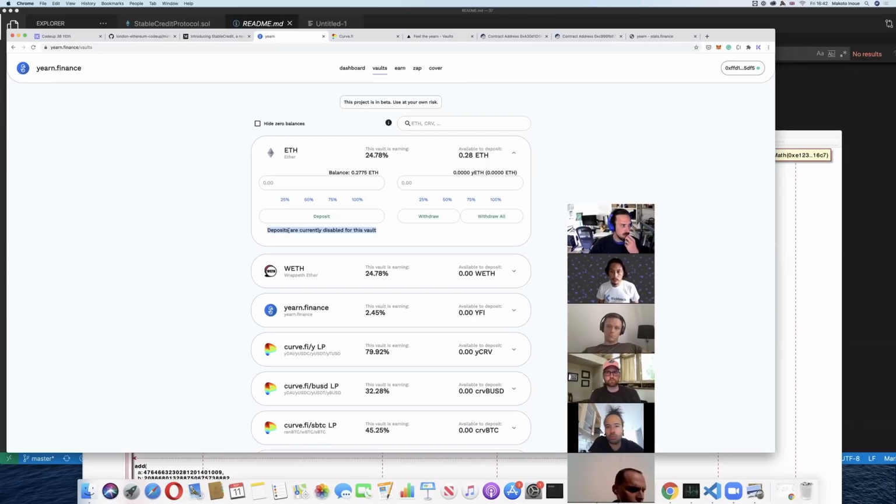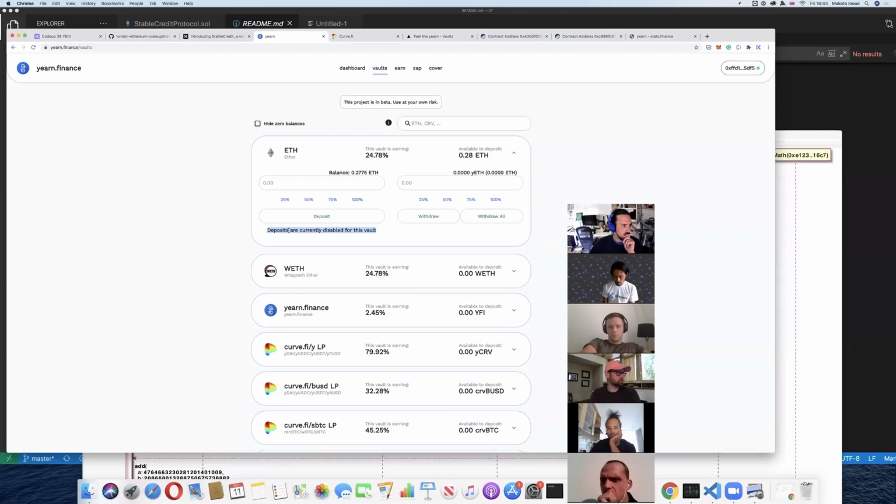I see. Andre, can I clarify something on there? Because my understanding was, even though deposits are disabled in the UI, and the collateralization ratio is being carefully managed in the Maker Vault, even if I stuck in 1 ETH now, I would get the pool token, this depository receipt.